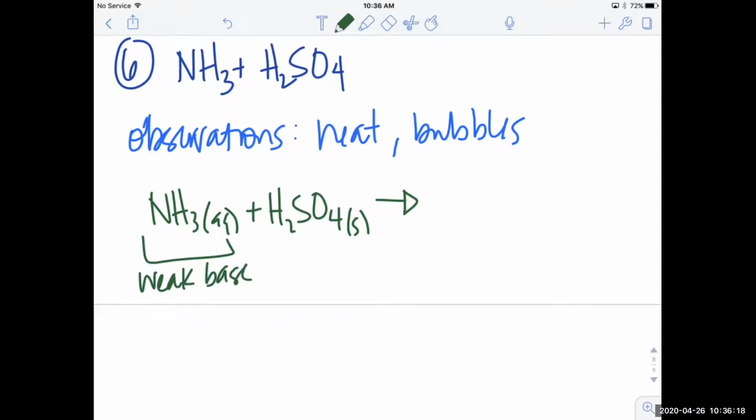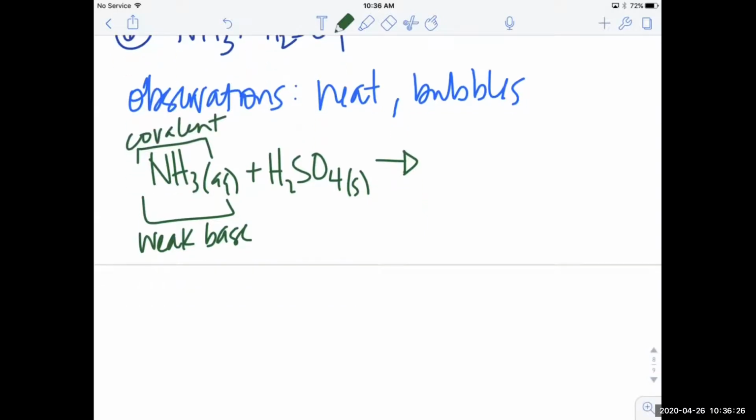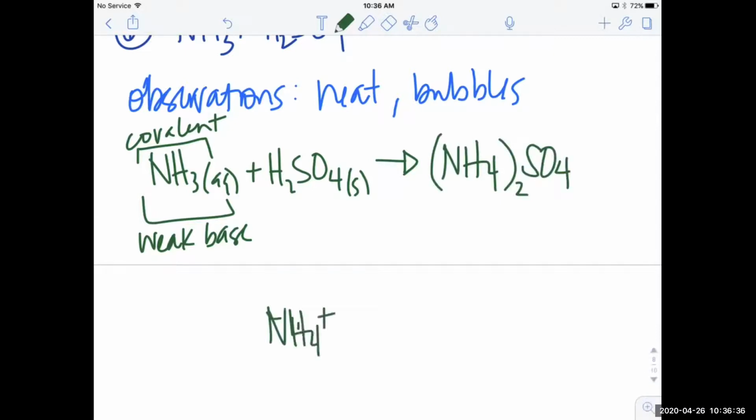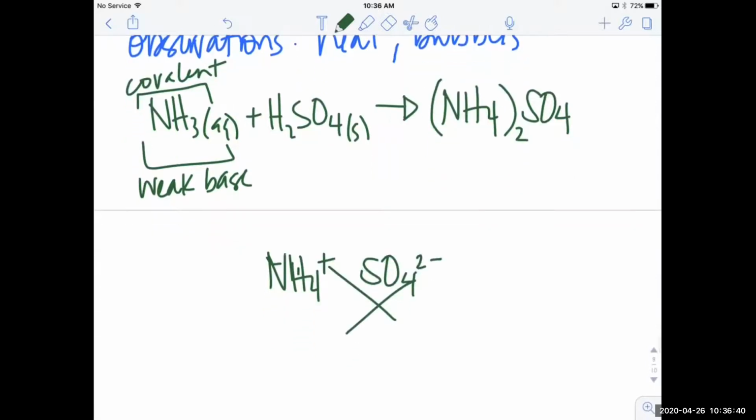So this is kind of an exception. This is a purely covalent compound, so it's going to form something strange. It's going to form ammonium and then sulfate. Because ammonium has a +1 and sulfate has a -2, that's how you get this. And therefore, this is also aqueous. It's kind of a weird one.